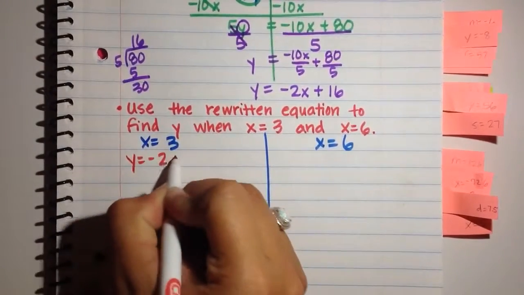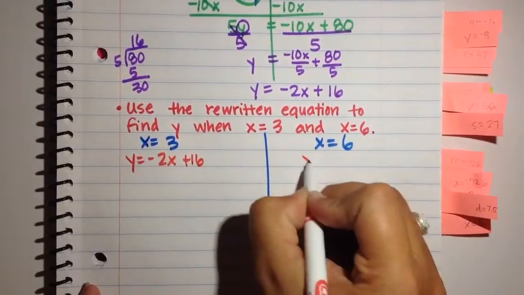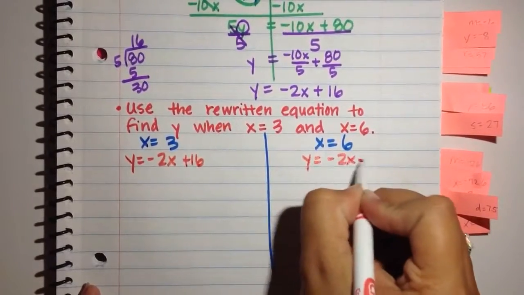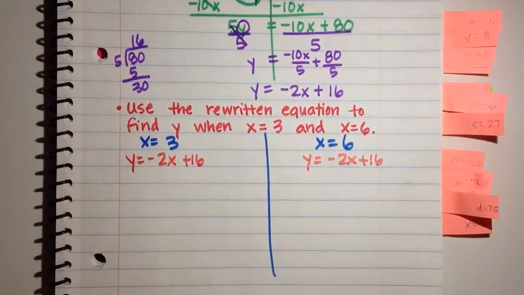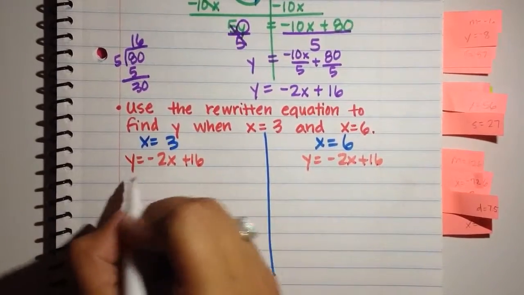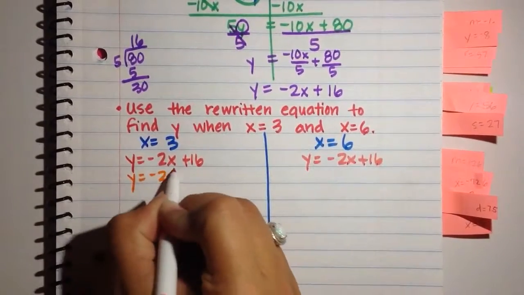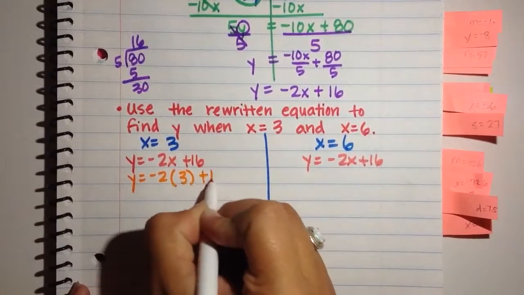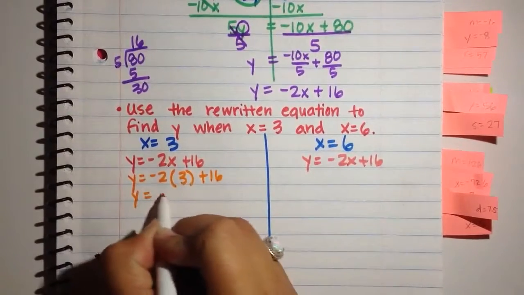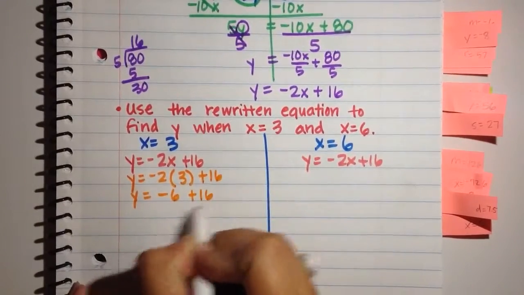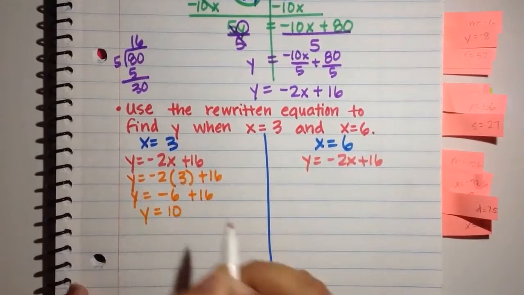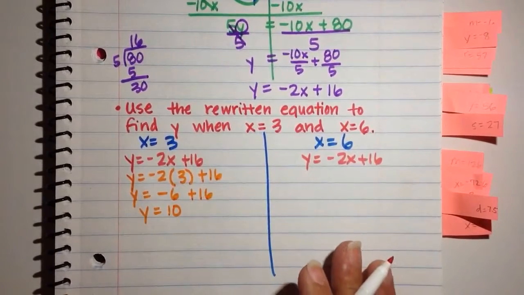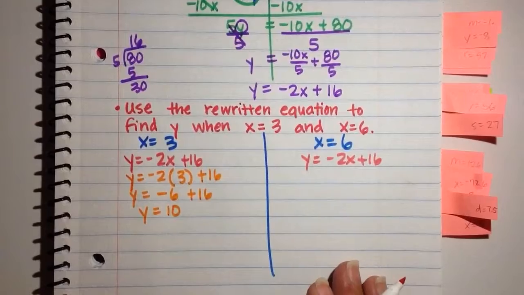Y is equal to negative 2x plus 16. And in the place of x, I'm going to put 3. So y is equal to negative 2 times 3 plus 16. So y is equal to negative 6 plus 16. So y is 10. So when x is 3, y is 10.